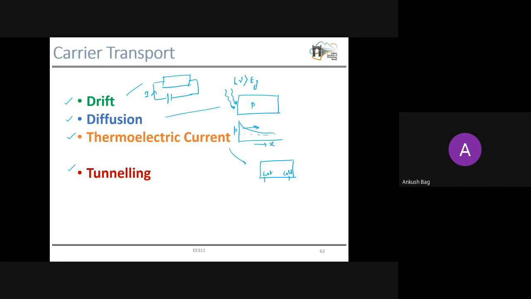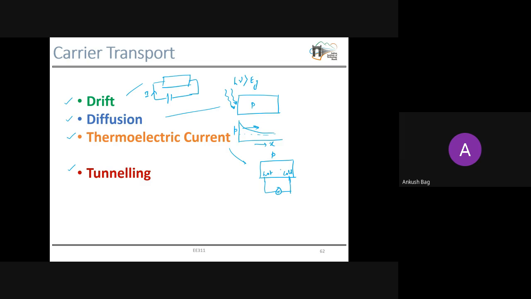If we connect a multimeter, and simply heat up one probe of this multimeter and keep the other probe cold, then we'll observe current in a certain direction. This direction of current will decide whether this is a p-type semiconductor or an n-type semiconductor.